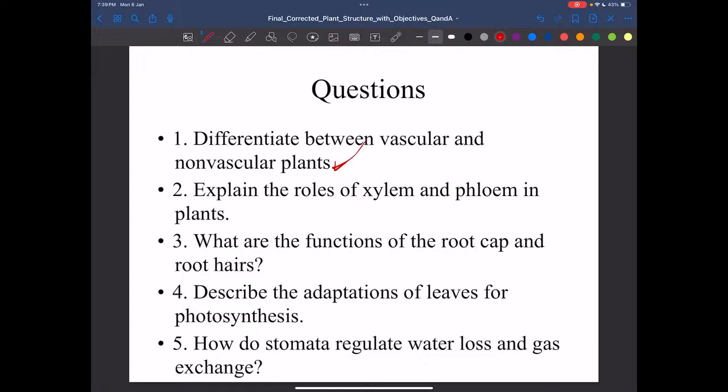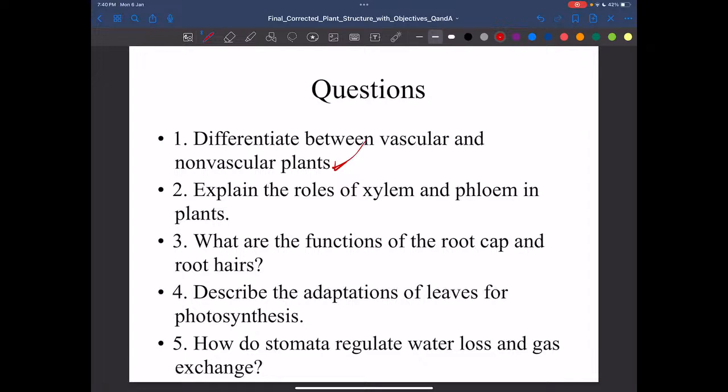Now let's go to the fourth question, which is describe the adaptations of leaves for photosynthesis. Yes, Shahid, you're correct. It protects the root tip, exactly. So number 4, we spoke about 2 different adaptations. We spoke about internal and external.